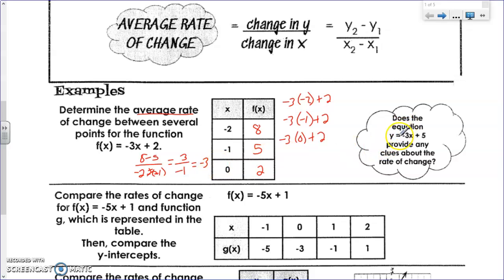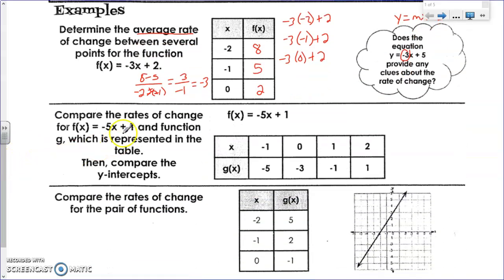So does the equation y equals negative 3x plus 5 provide any clues about the rate of change? So if you remember, y equals mx plus b, our m, our negative 3, is the slope. Okay, if we go down here, we're comparing the rate of change from this function to the table. So in this function, the slope is negative 5.